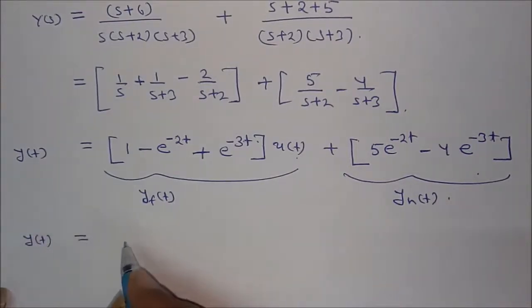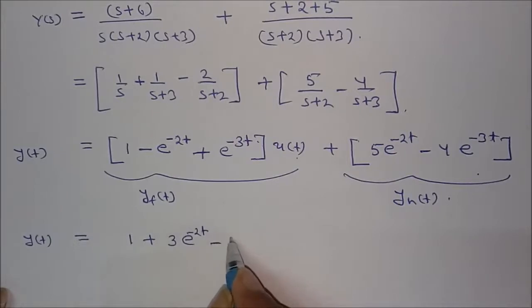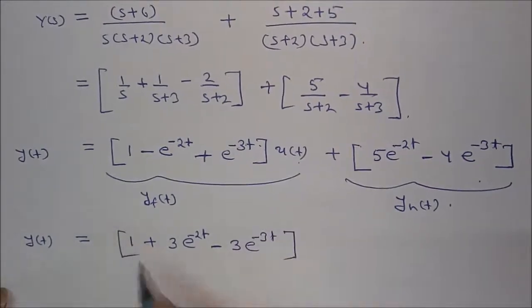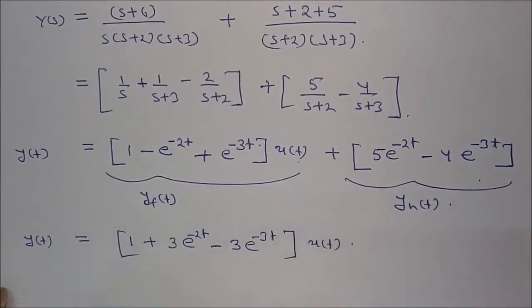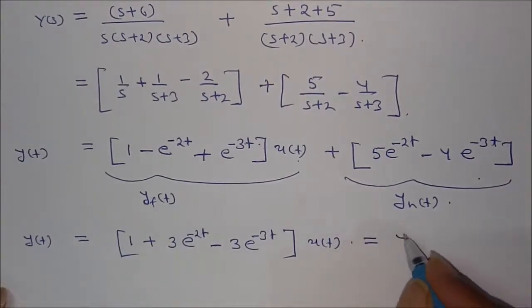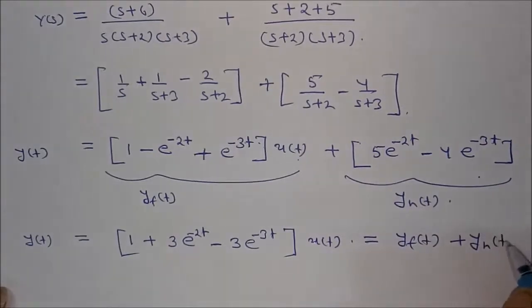So we can rearrange it again. y(t) can be written as 1 plus 3 e to the power minus 2t minus 3 e to the power minus 3t, that is u(t), and this will be the combination of y_f(t) plus y_n(t).